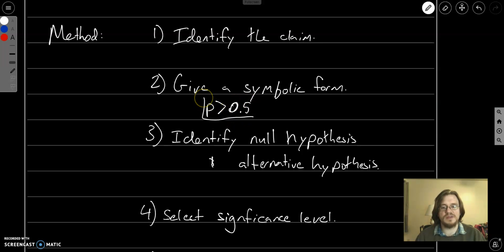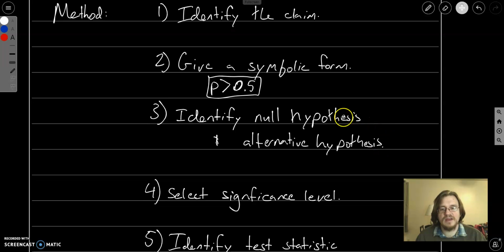So this would be the symbolic form of our claim. And then we need to identify the null hypothesis and the alternative hypothesis.